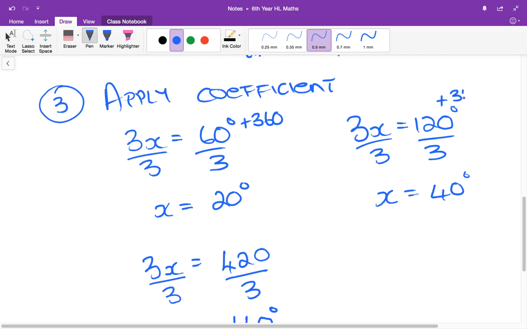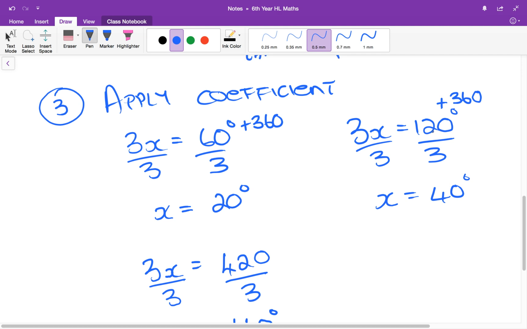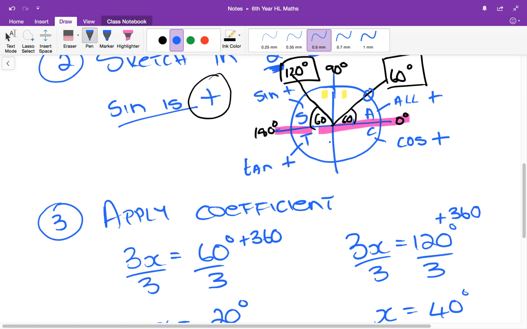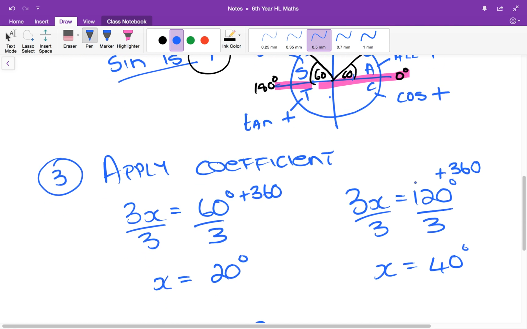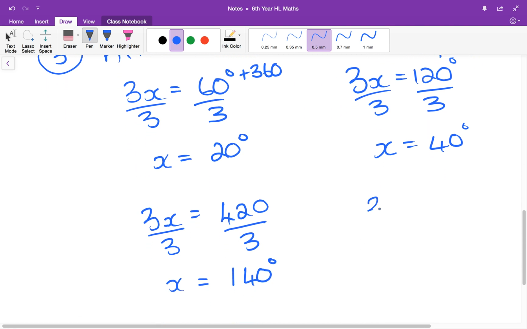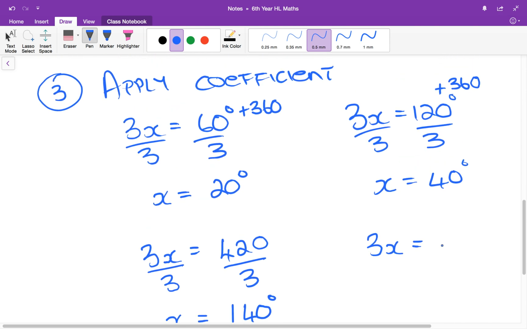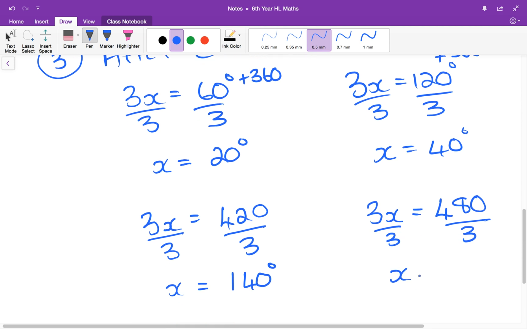Then we do the same thing over here. We do another revolution on top of the 120, which will bring us back to this exact same spot. So we start at 120, we add on 360, so 3x equals 120 plus 360, which is 480. Then we divide by 3, so that is 160.